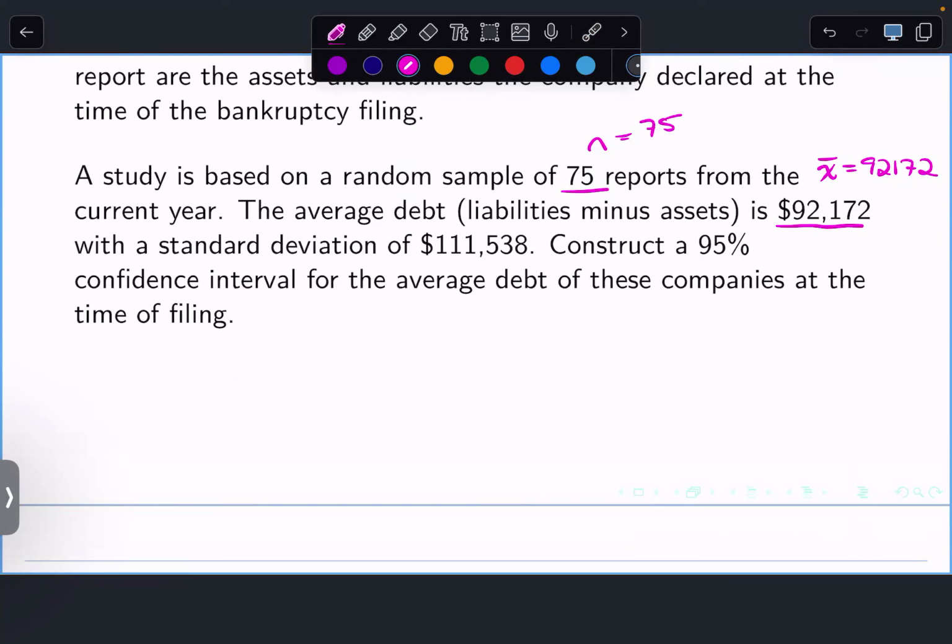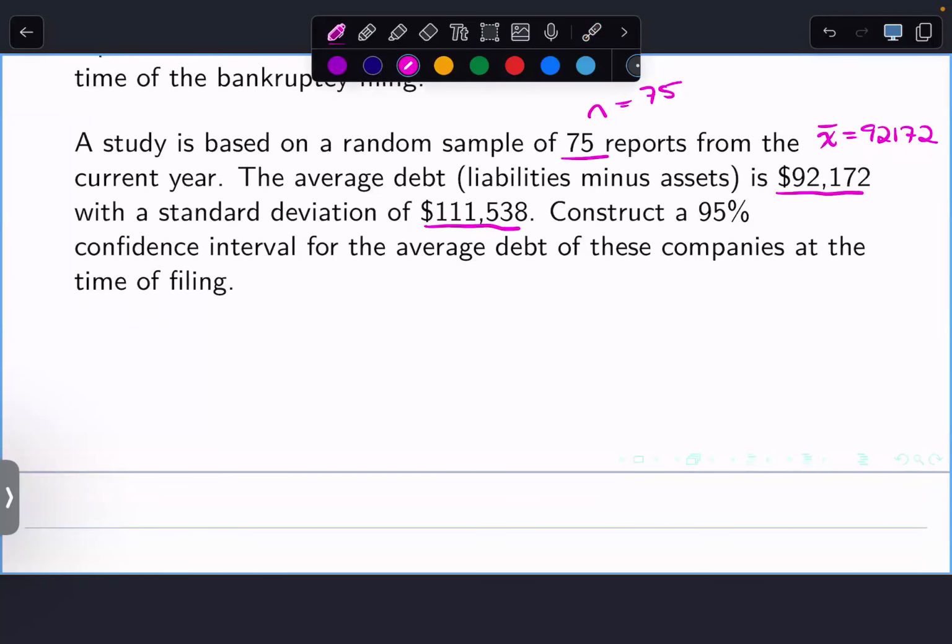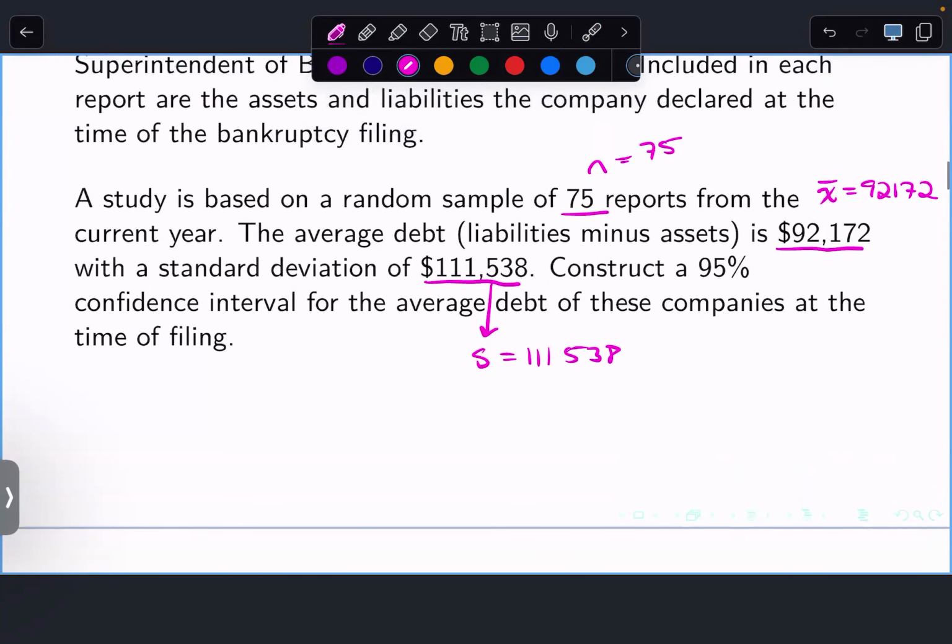We're not going to mention it, but when the spread is larger than the mean, it's kind of a concern, but we'll ignore that. We're just going to go for it. This is our sample standard deviation, so it's s, a lowercase s, 111,538.